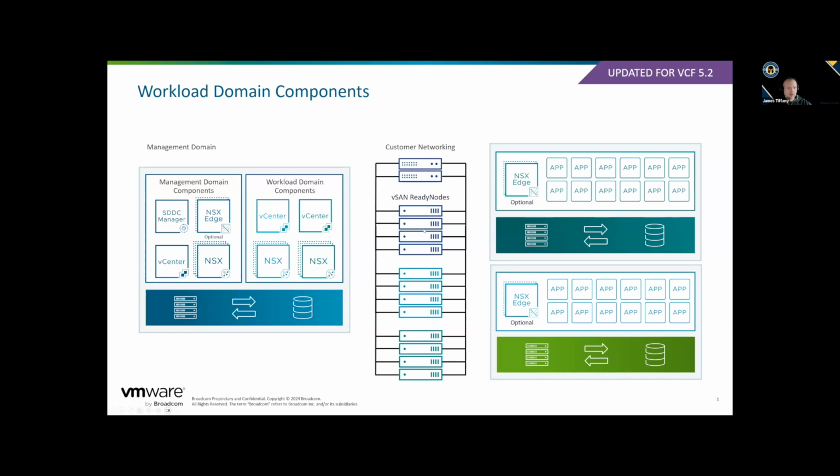Like we said, you can have 4 nodes in the management environment. As you start building things out, you might need additional resources because you can have quite a few workload domains. If you're putting in additional NSX managers and virtual centers, you have to make sure you have the resources in the management environment to host that.